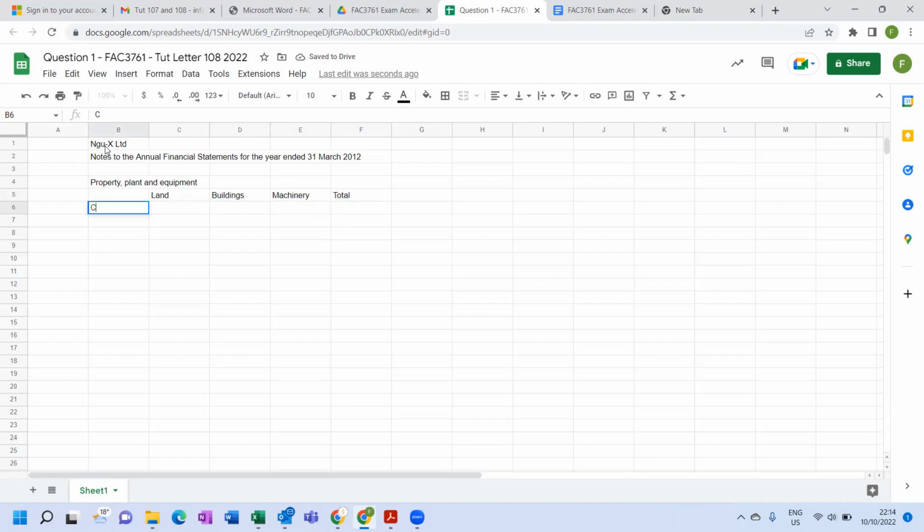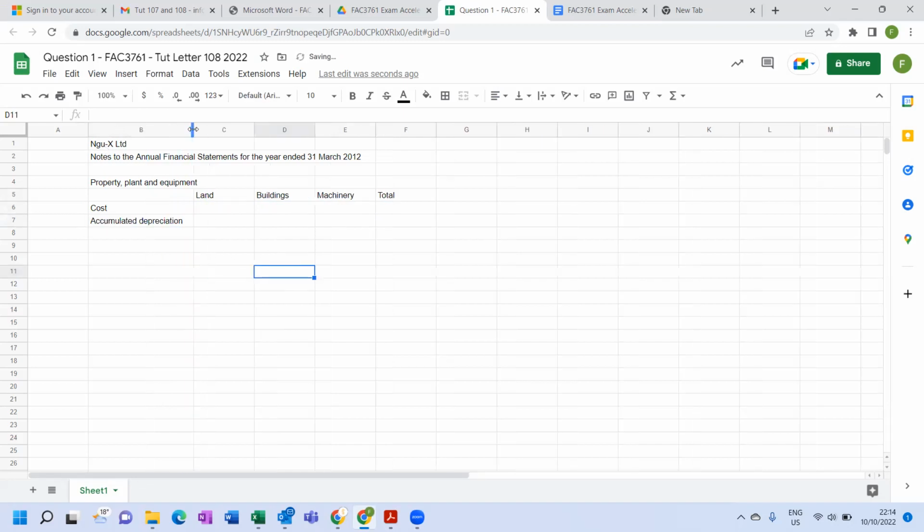So we will start off with cost, then it will be accumulated depreciation, and that will give us carrying amount. So cost less accumulated depreciation gives us carrying amount.